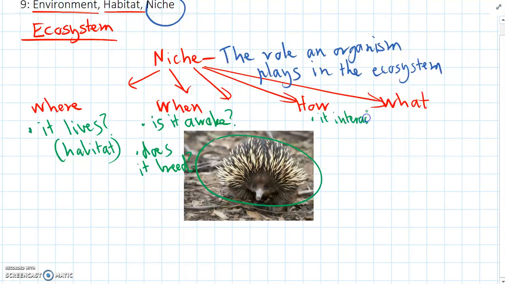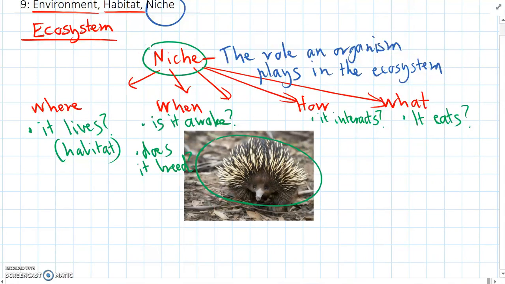Is it a predator or is it a prey? Or does it compete with other species for certain foods and things like that? We can also ask what it eats. So all of these things combined together tells us a story about how that echidna lives, which is its niche.